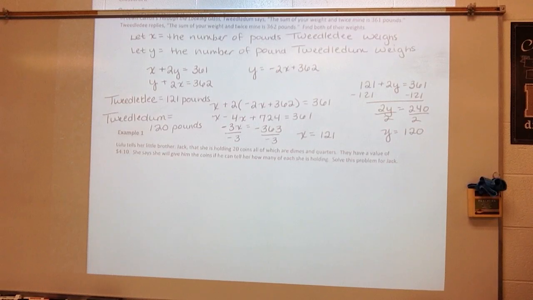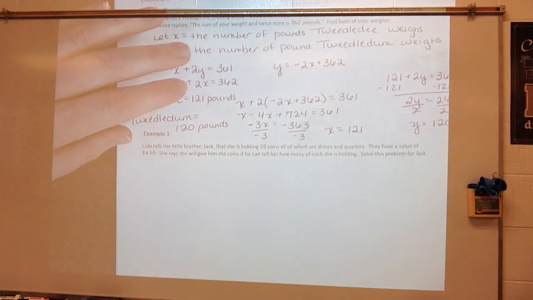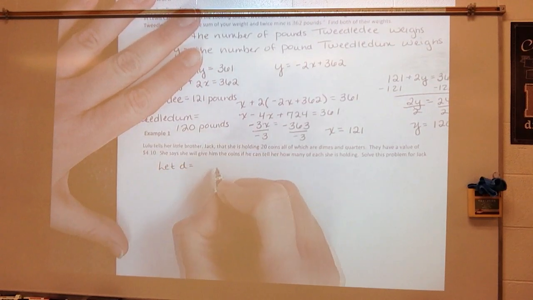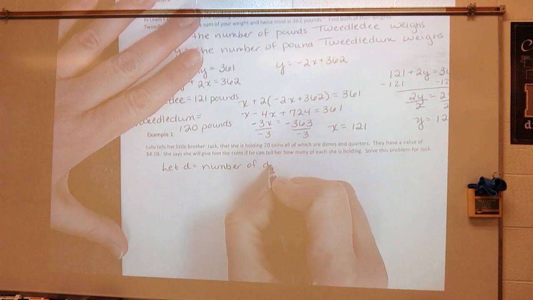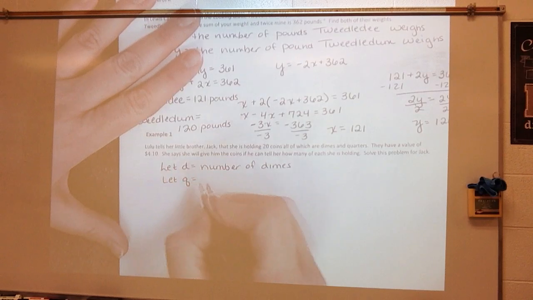Okay, so I have two unknowns: the number of dimes and the number of quarters. So we're going to identify our variables first. We're going to let D equal the number of dimes, and we're going to let Q equal the number of quarters.